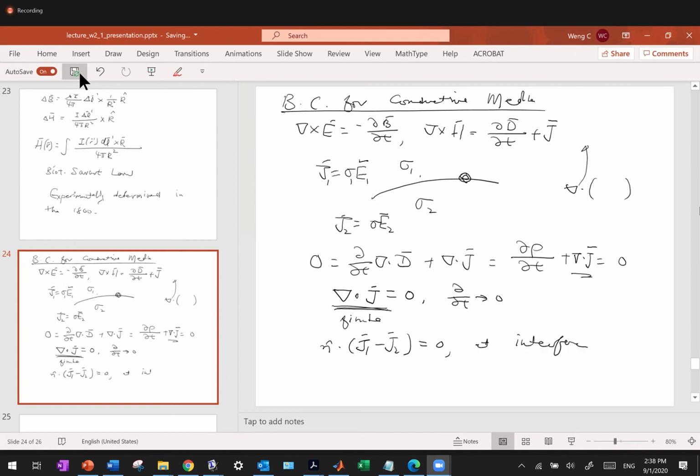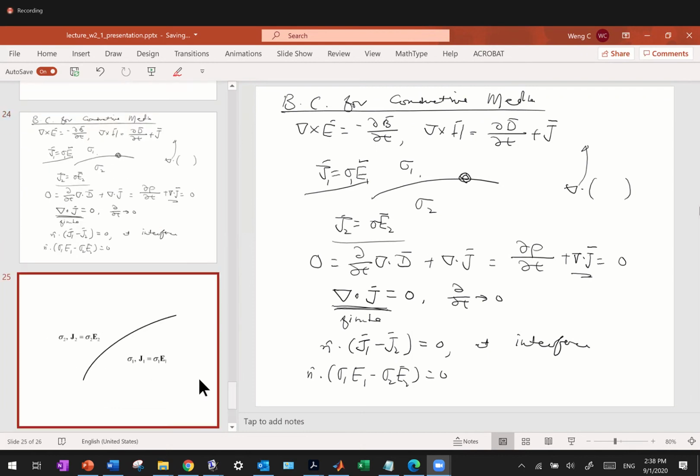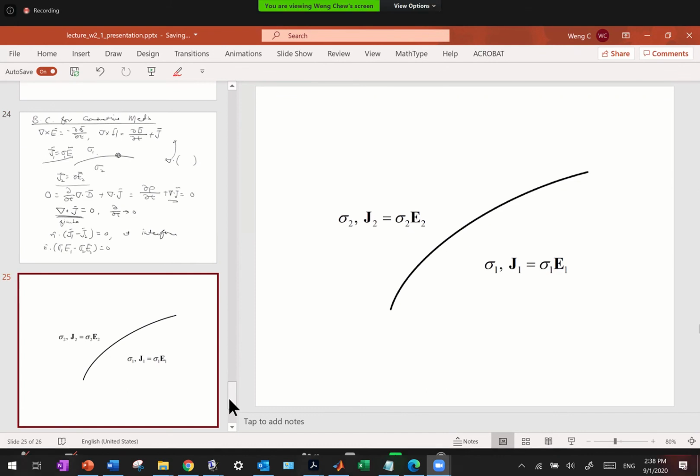So at the conductor interface, you have the boundary condition that n dot sigma 1 E1 minus sigma 2 E2 must be equal to 0, because J is sigma times E. This boundary condition is kind of strange, because it is the boundary condition at the conductive interface.